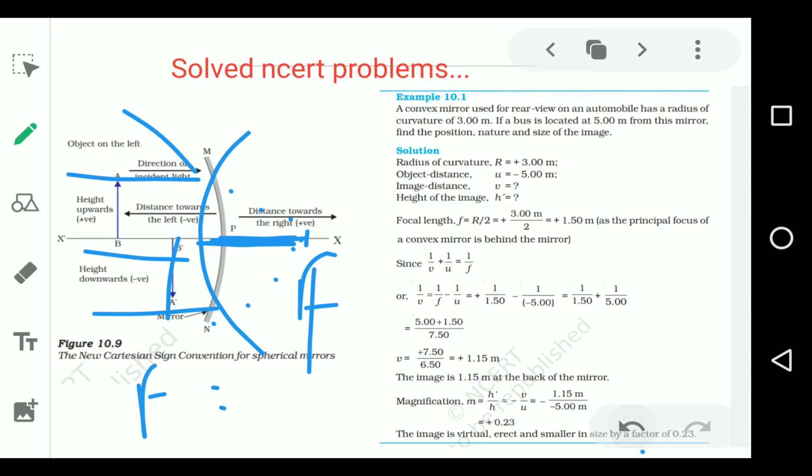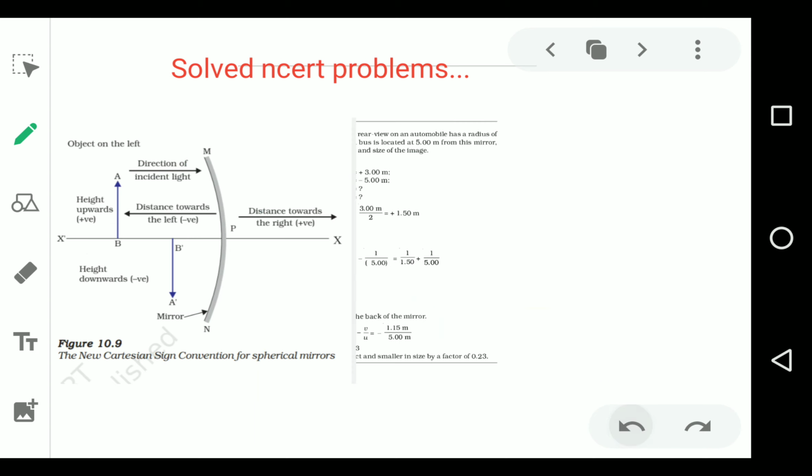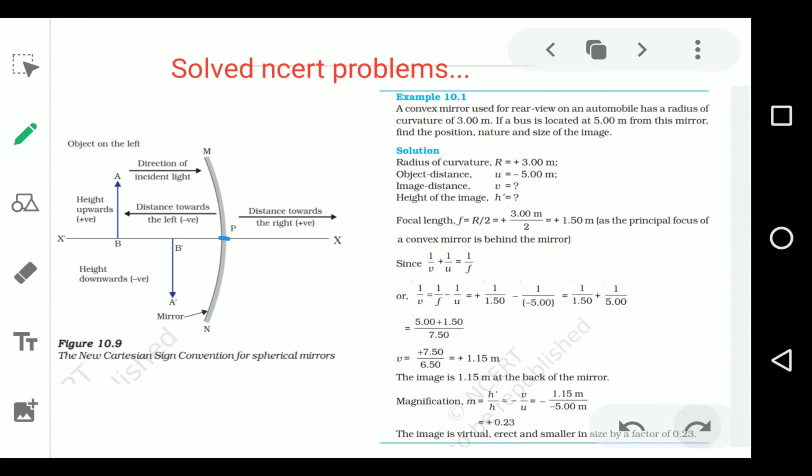So these are the ray diagrams which you should remember, and accordingly the sign conventions also you need to remember. And the object length, if it is parallel, this is the y-axis.